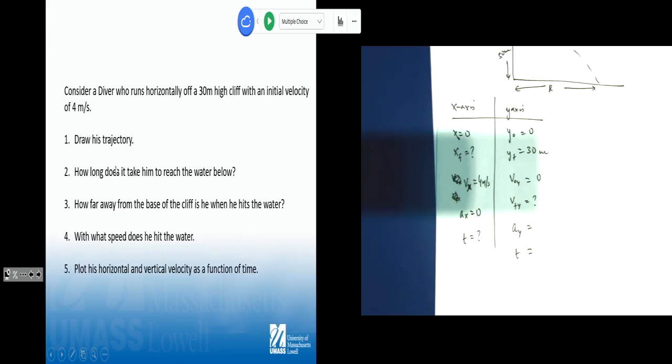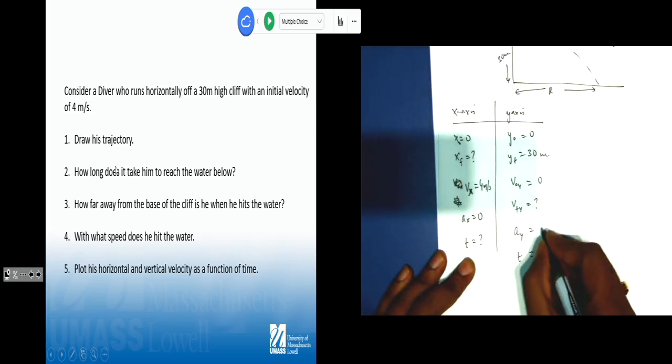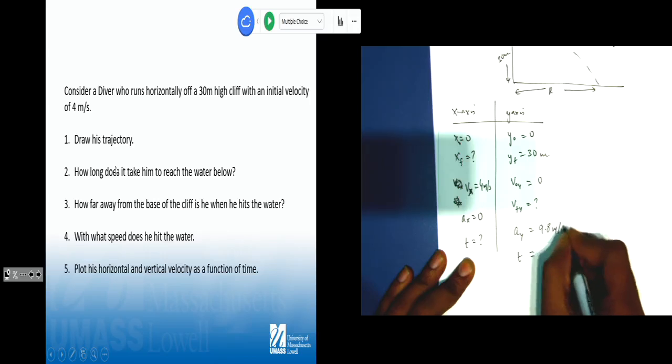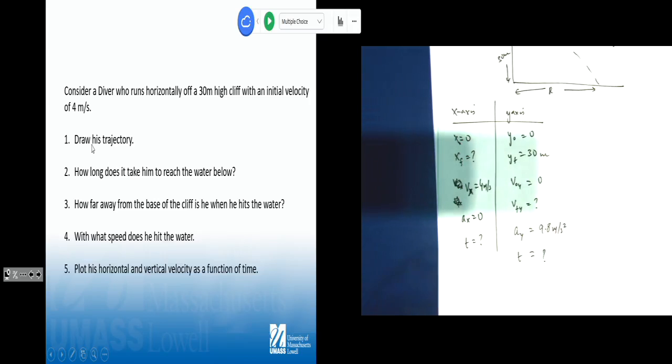If I said downwards is positive, acceleration due to gravity is plus 9.8 meters per second squared. And downwards is my positive direction. I've gone from 0 meters to 30 meters in the downward direction. So this is 9.8 meters per second squared, and t is unknown. Everyone following me so far?